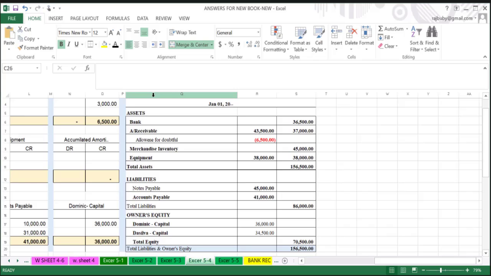A partnership liquidation ends both the legal and the economic life of the entity. Before the liquidation process begins, the accounting cycle for the partnership must be completed for the final operating period. This includes the preparation of adjusting entries, trial balance, financial statements, closing entries, and post-closing trial balance.